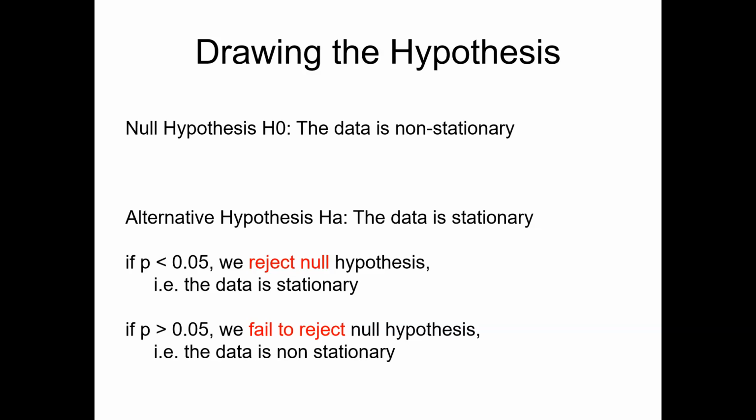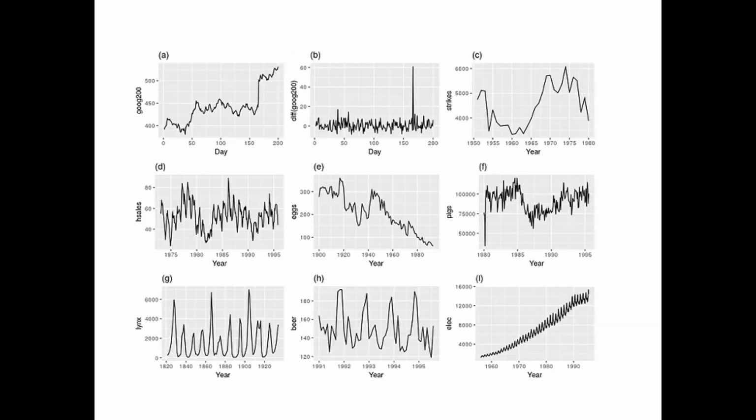Now let us understand this better with some examples. I have got some very interesting plots for you which will bring immense clarity on stationarity in time series data. Here are some plots. You see, there are various plots of different use cases where in some plots there is some trend already being seen.